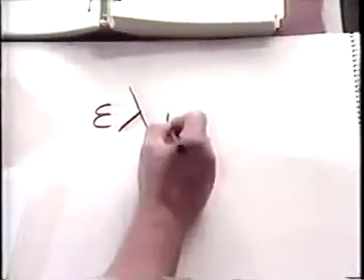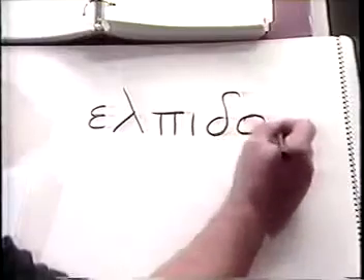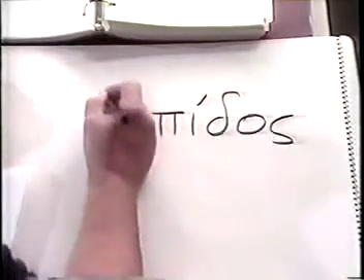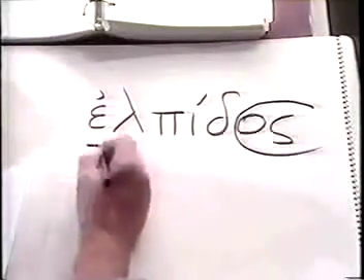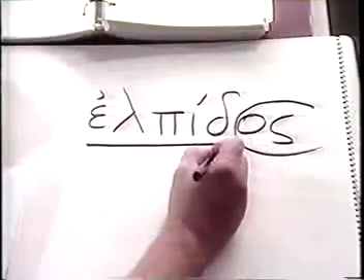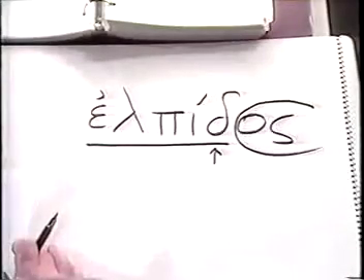We take our genitive, elpidos, and if we remove that singular genitive ending, our stem is elpid. And notice that this stem is ending in a dental.